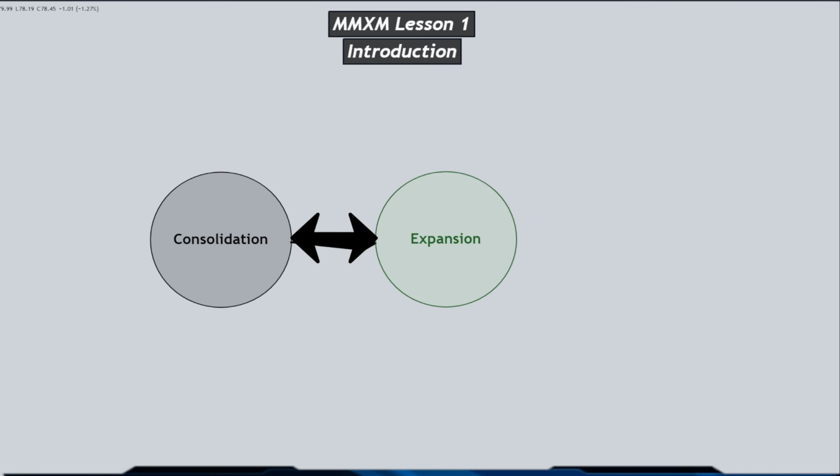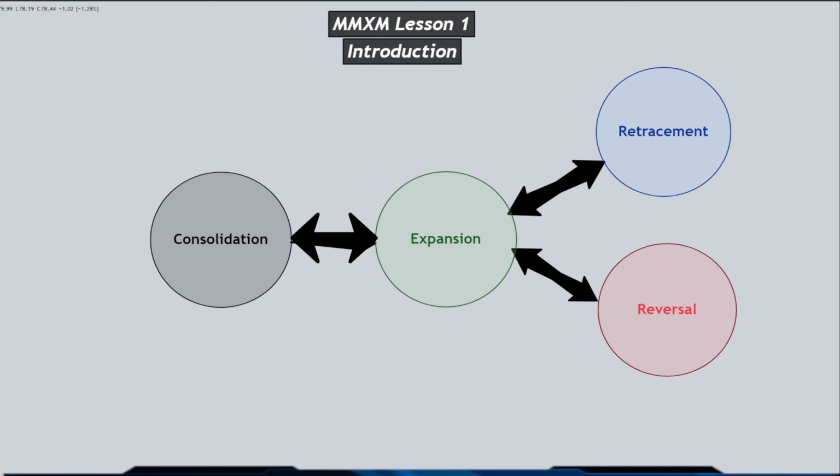From an expansion, the market can either go for a retracement or a reversal. From either of these two phases, the market can again go for another expansion. From the retracement, the market can go for an expansion, and from the reversal, the market can again go for an expansion.